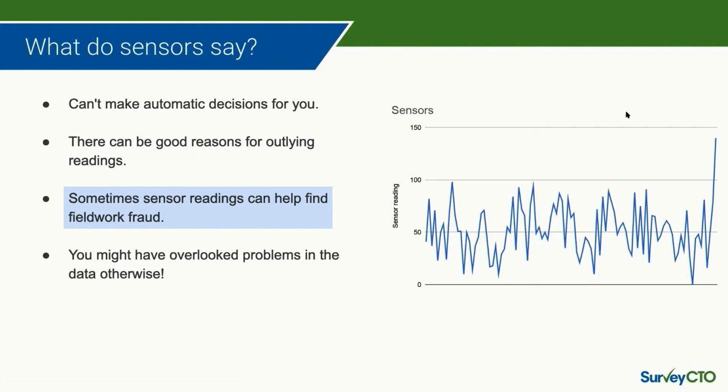Sometimes sensor readings will indicate problems like deviation from procedure, or in the worst of cases, made up data. For example, sensor statistics indicating that somebody sat indoors in total silence when a conversation should have been happening outdoors. Sensor statistics can help direct your attention towards potential problems that you might have missed otherwise.